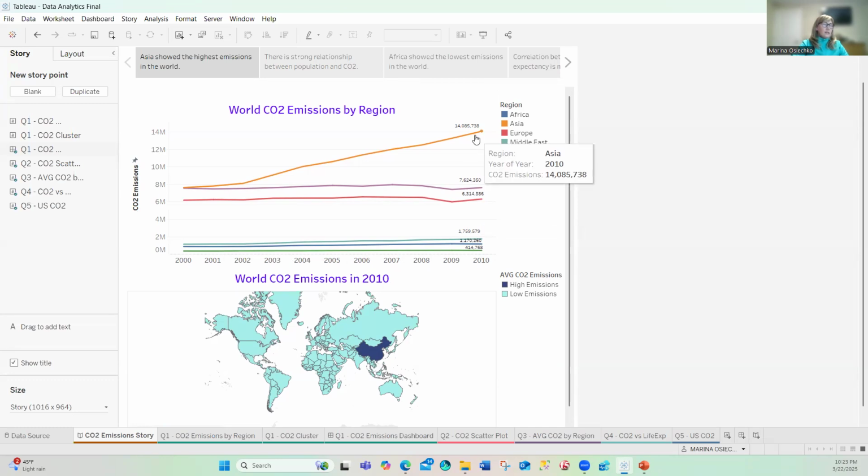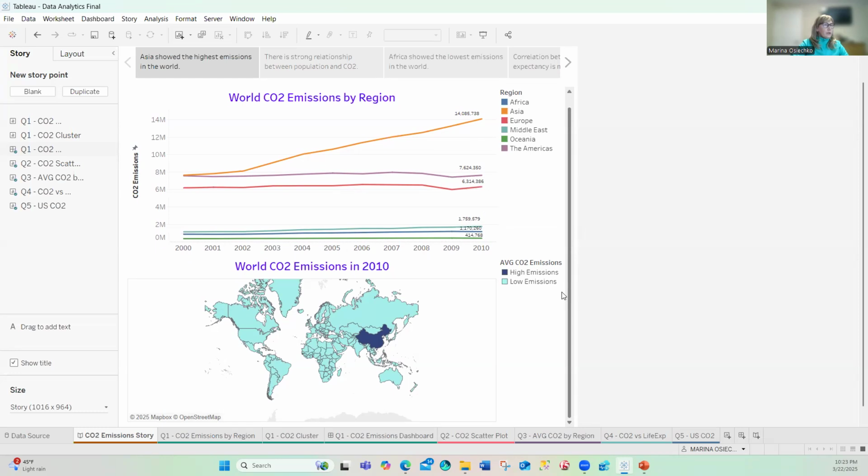And you see that Asia has the highest CO2 emissions. And in the bottom, we see world CO2 emissions in 2010. And flags indicate dark blue high emissions and lighter blue low emissions. And here you will see that the country that has the highest CO2 emissions is China.